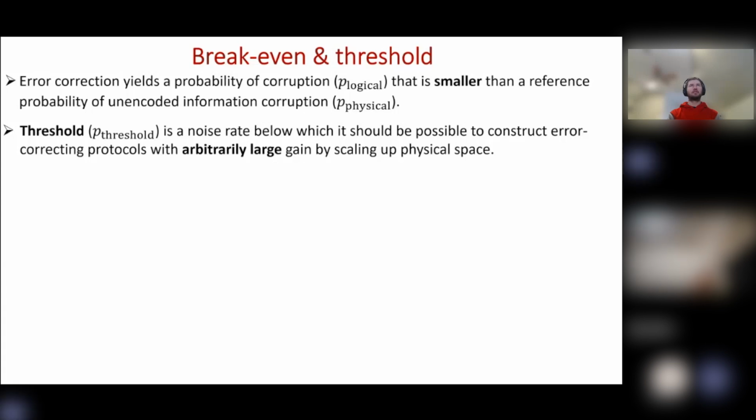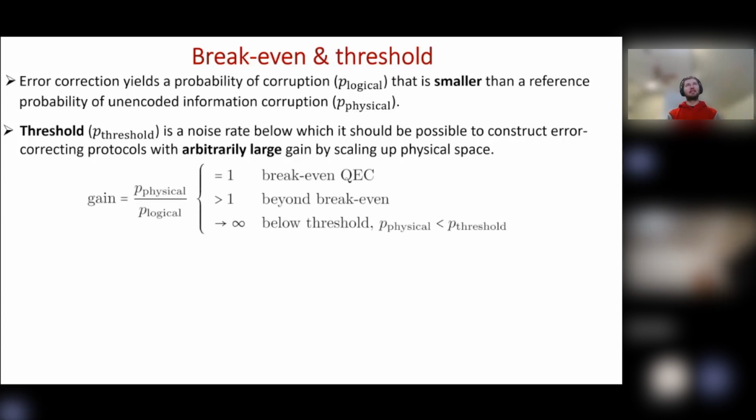This is a noise rate below which there exists an error correcting code that can protect arbitrarily well. We can quantify that by this thing called the gain, just a ratio of the two probabilities. If they're the same, then you're not doing anything helpful with your error correction. That's called break-even QEC.